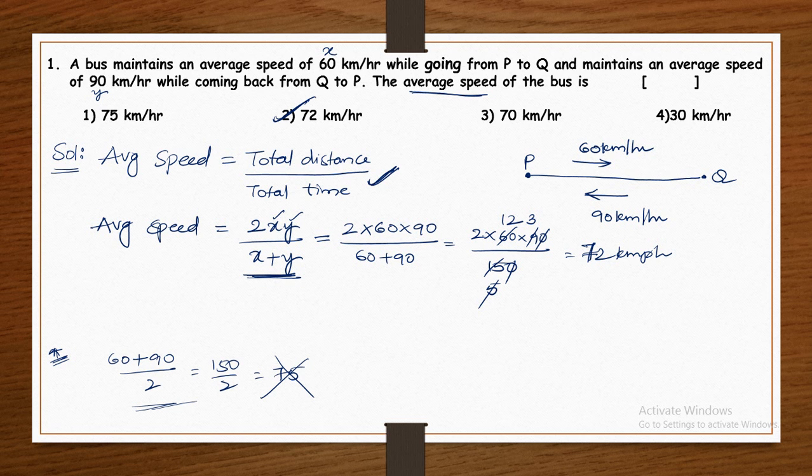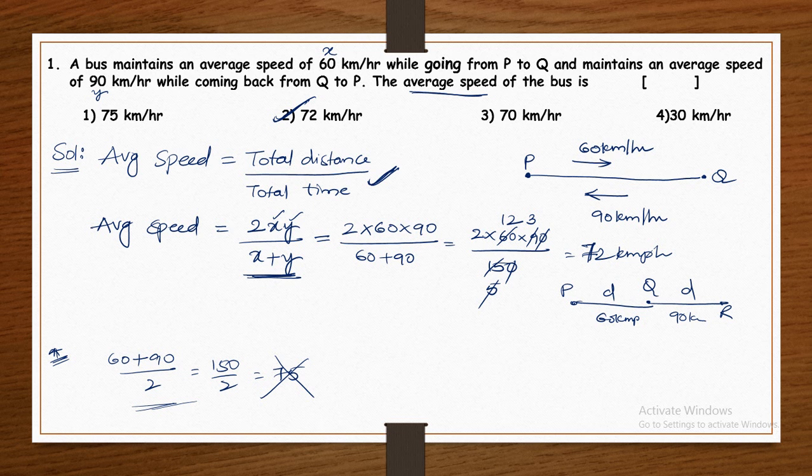Suppose the same question is given like this: from P to Q the distance is some d, from Q to R it is again the same distance d, and if it is moving at a speed of 60 km per hour from P to Q, and from Q to R at a speed of 90 km per hour, then what is the average speed?